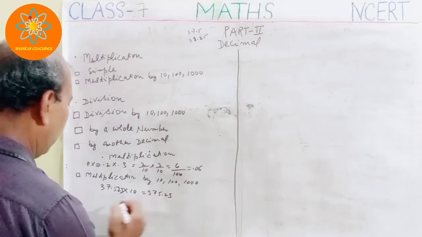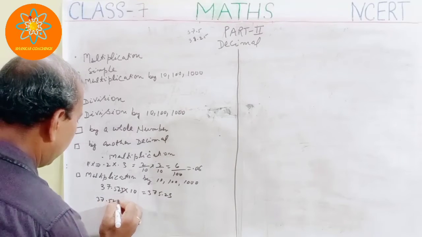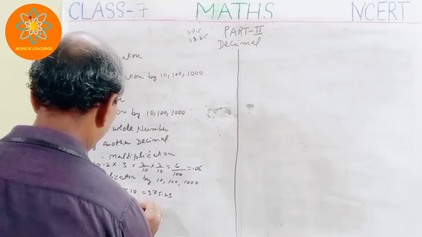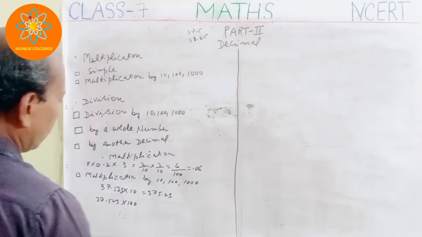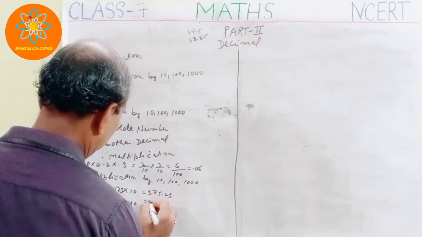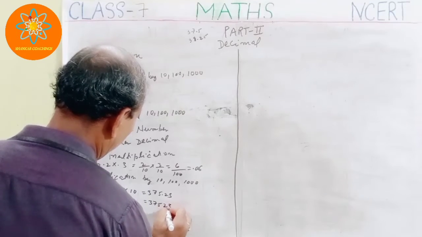Now, if I multiply this by 100, how much will I get? I will get 3752.3.